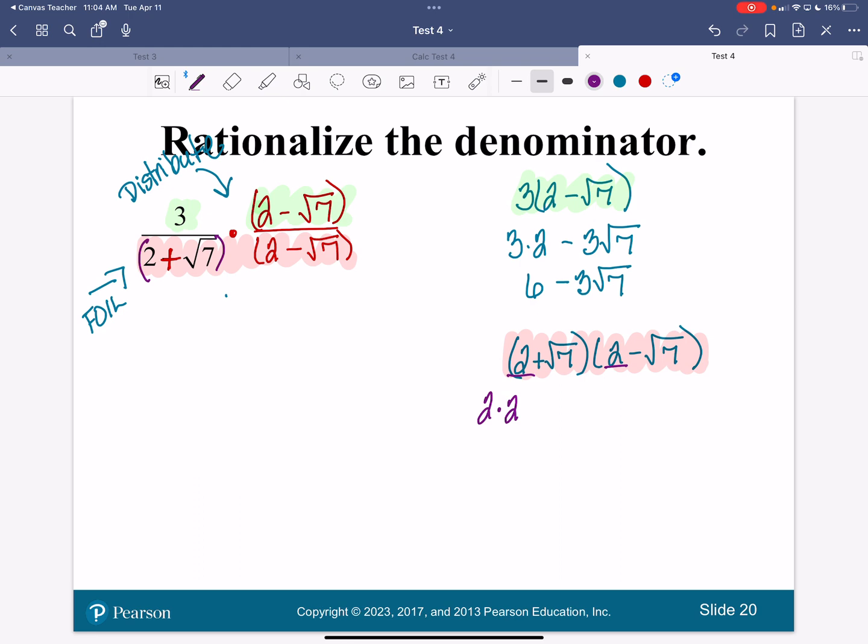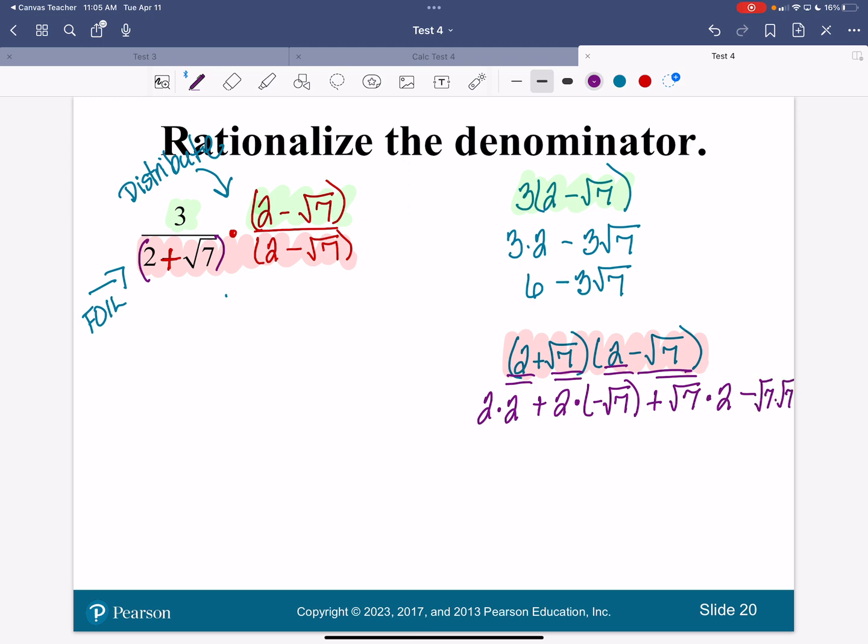Then I'm going to have 2 times negative square root of 7. Then I have my inner terms, which is the square root of 7 times 2. Then I'm going to have minus square root of 7 times square root of 7.